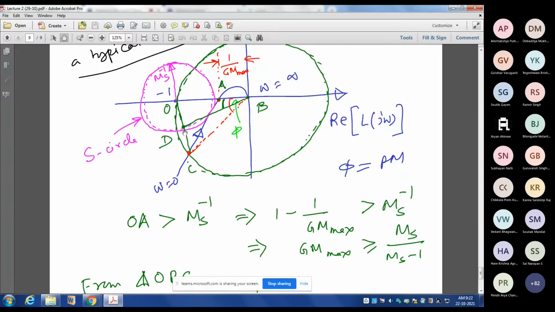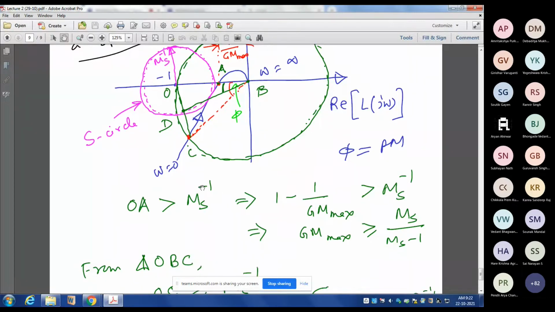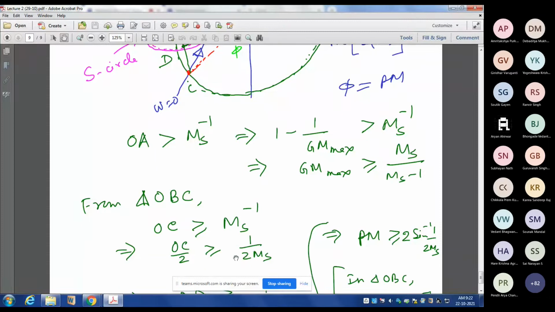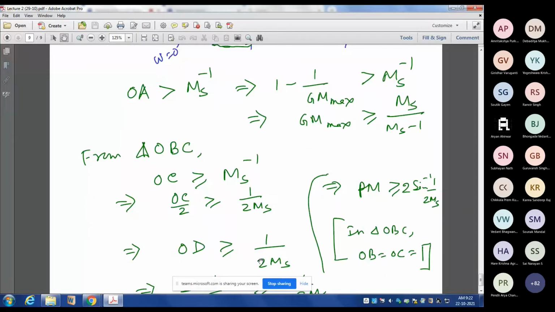So OC is always greater than or equal to Ms inverse. So this means OC by 2, that is equal to OD, is greater than or equal to 1 by 2 Ms. Now OC by 2 means OD.